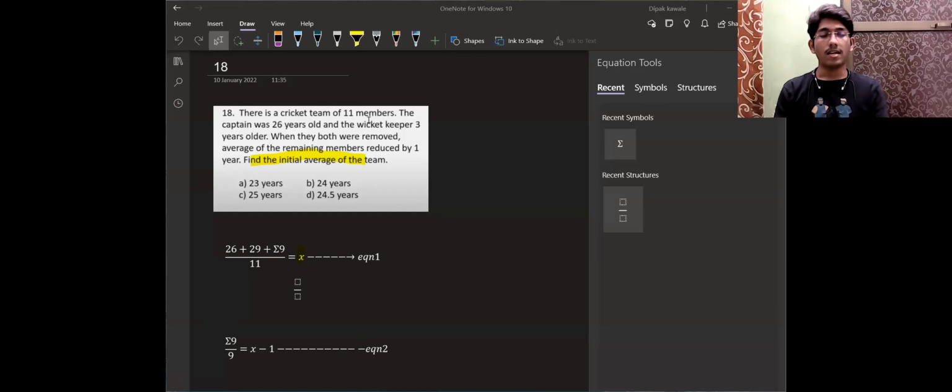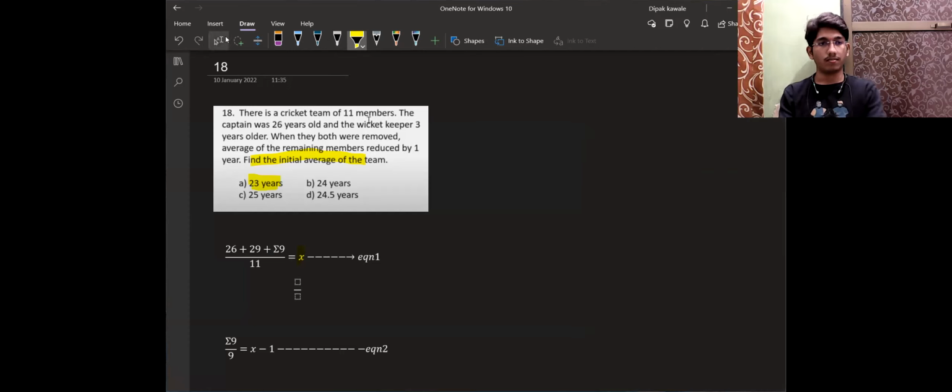Let's see with our options. Let's try with this option, assuming our answer is 23 years. See the screen. What it said is that our captain's age is 26 years.